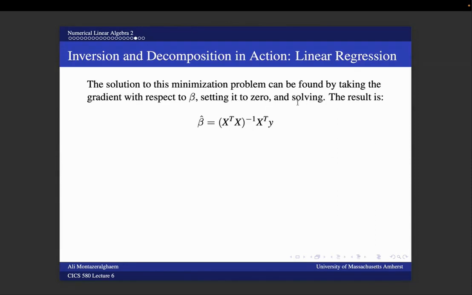The result is beta hat equals x transpose times x, take the inverse of this matrix, and multiply by x transpose times y. As you can see here, we need to compute the inverse of this matrix, which is x transpose x.